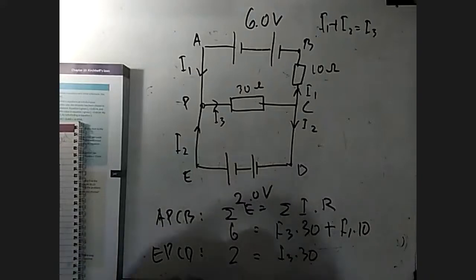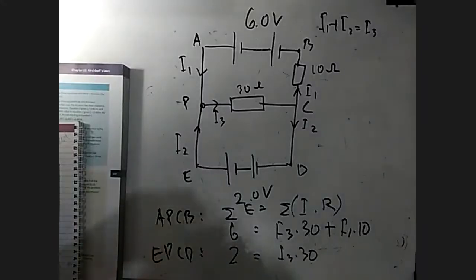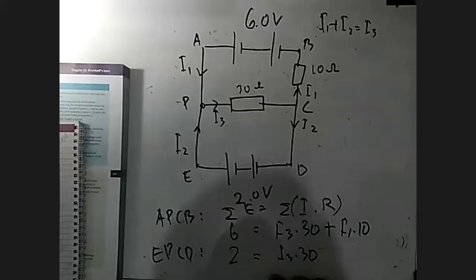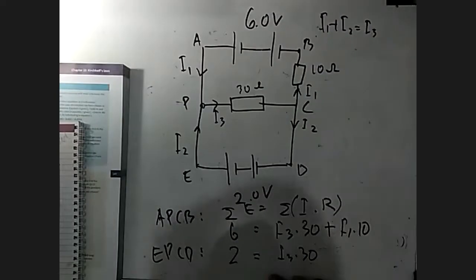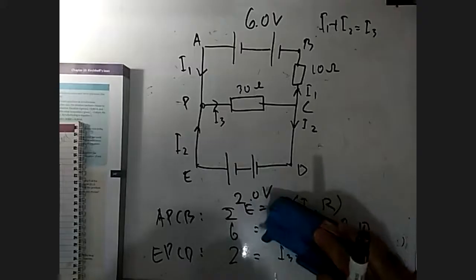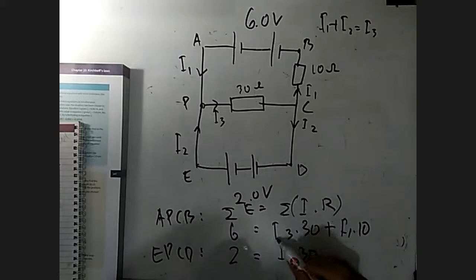So the sigma is sigma IR. Not sigma I, that's sigma IR. Okay. Yes, correct. Okay. Now in EPCD, what do we have? 2. 2 equals I3 times 30 plus... that is I. I3.